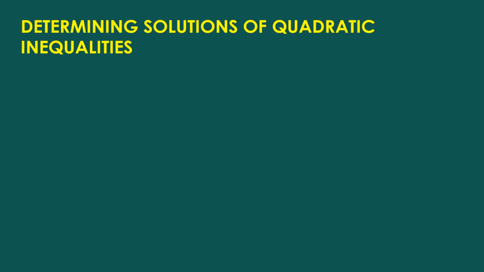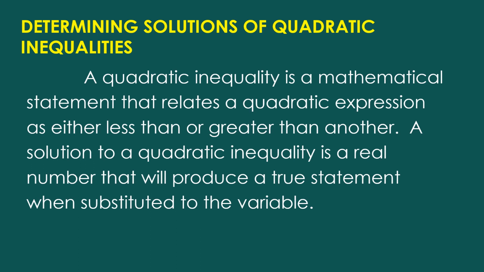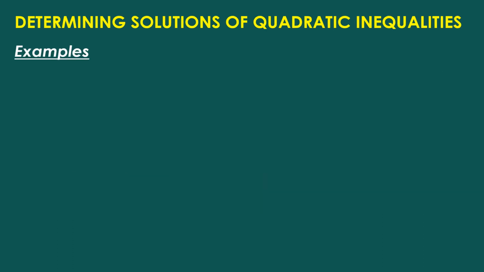This time, let us identify how to determine the solutions of quadratic inequalities. Remember, a quadratic inequality is a mathematical statement that relates a quadratic expression as either less than or greater than another. A solution to a quadratic inequality is a real number that will produce a true statement when substituted for the variable.